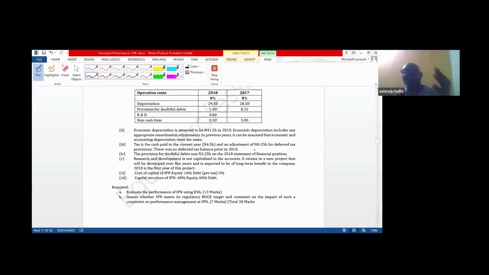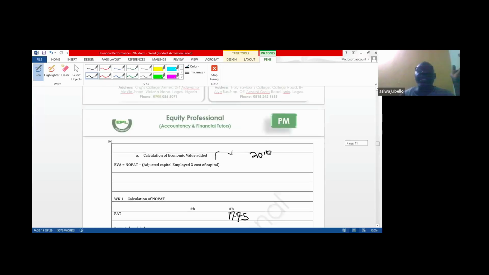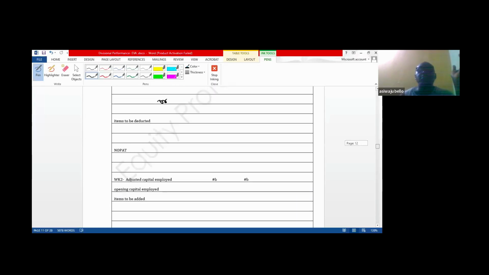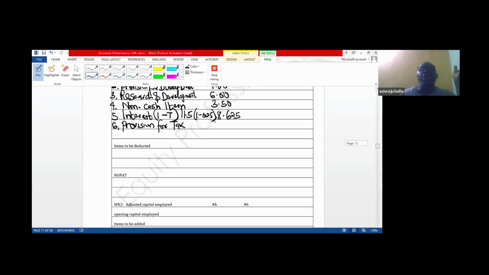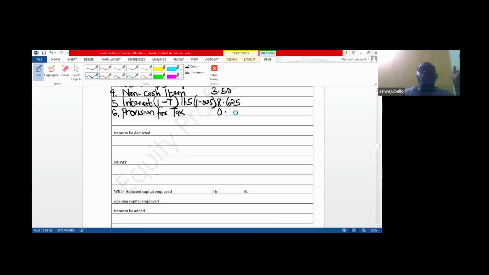This provision does not involve cash flow. All provision must be added back to your accounting profit. Add back 0.25.